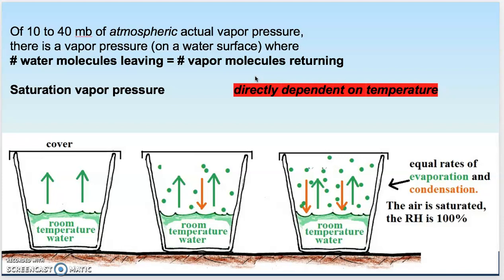Because, for instance, if we put a cover on cold water, let's say this wasn't room temperature water, let's say it was cold water, you know that you wouldn't get much energy out of this water to allow the kinetic energy needed to produce a lot of vapor in this setup with cold water.